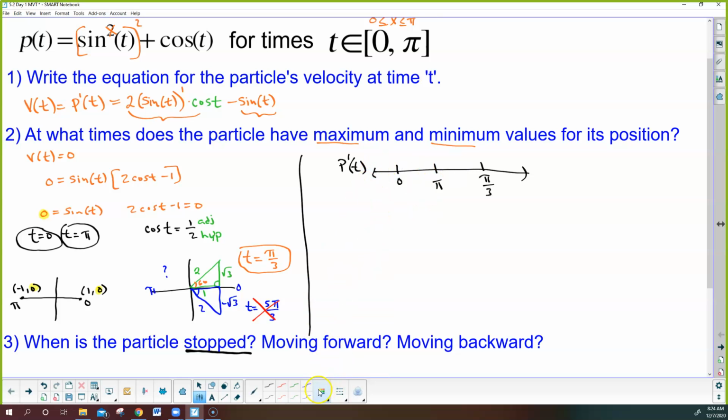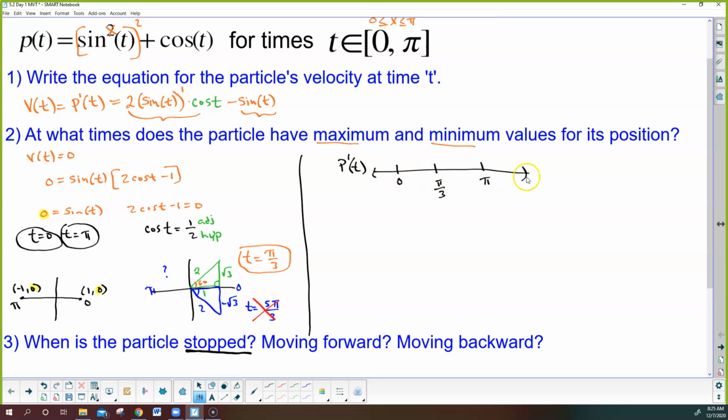Now what I'm going to check here is the sign between all these points, but notice my interval goes from 0 to pi. Oops, this should be flipped around. I didn't realize that. Pi over 3 and then pi.